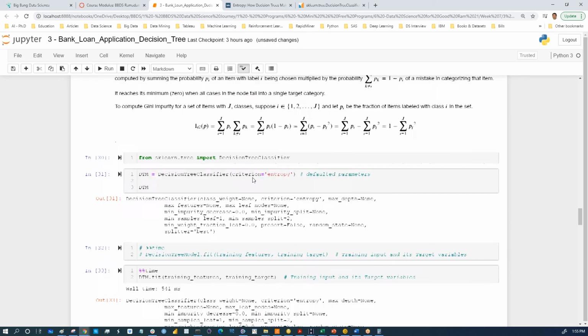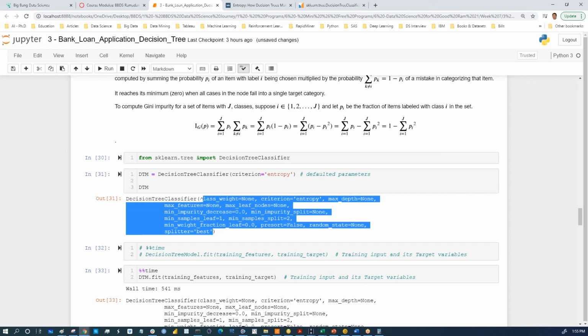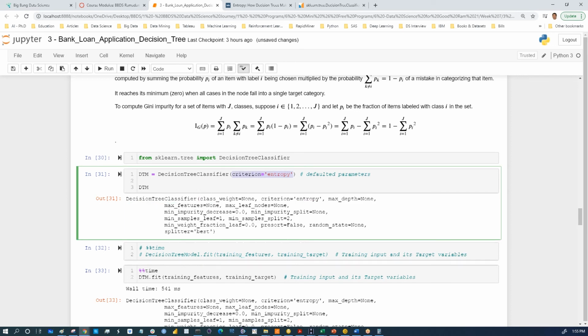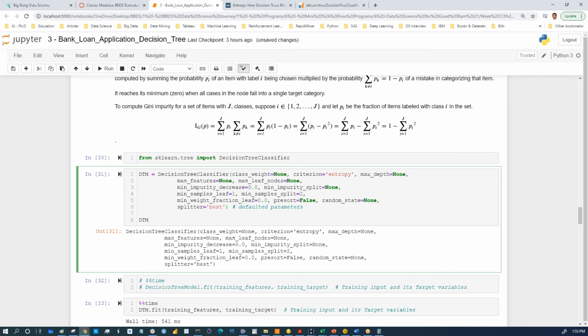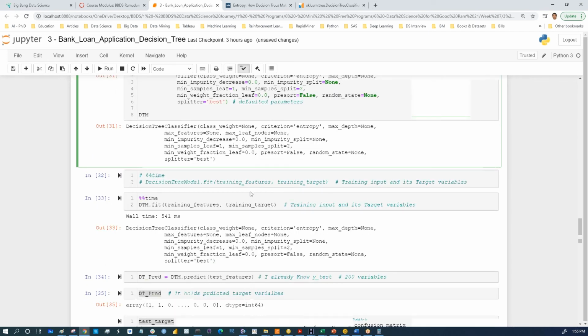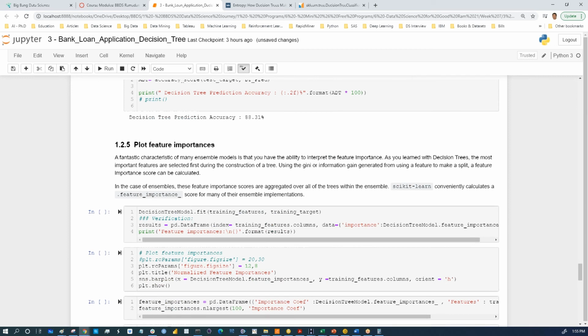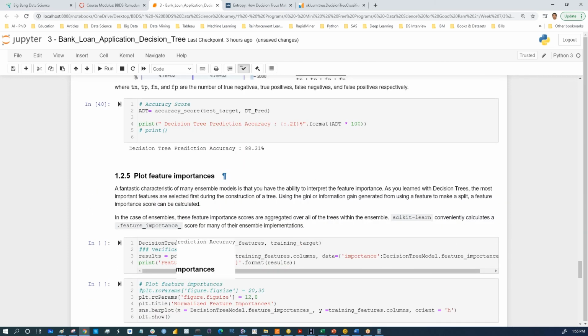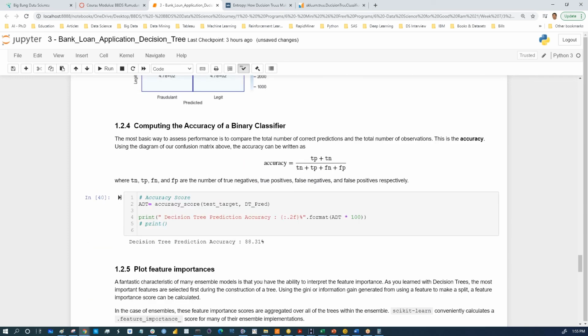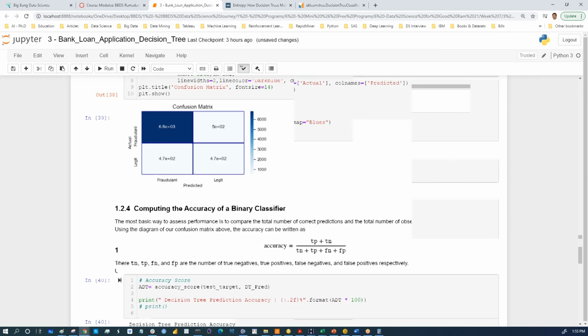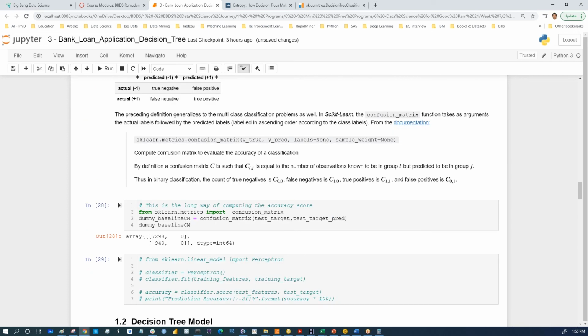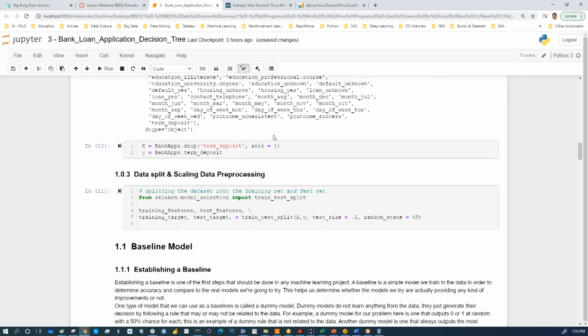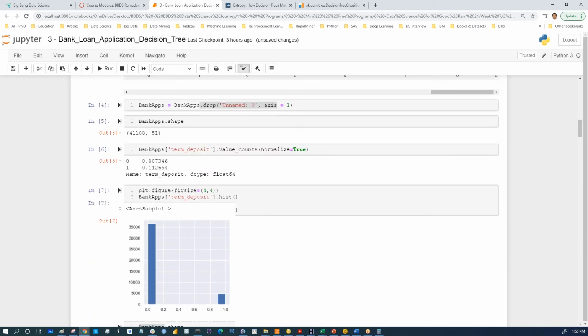So one thing we have to do is change some of these parameters. But before we do that, let's take a look into the tree and the important features. This decision tree does use all the features to build the model, to learn the parameters, to learn the patterns.